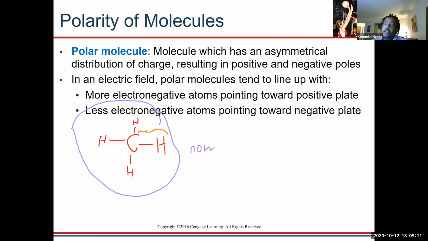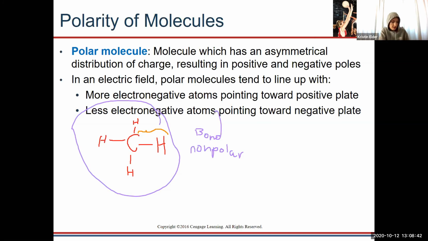So now molecular polarity is looking at all of the bonds that are there all together and how they play a part on that molecule as a whole. In this case, we have non-polar, non-polar, non-polar, so they are all going to cancel each other out. The molecule is going to be polar or non-polar?